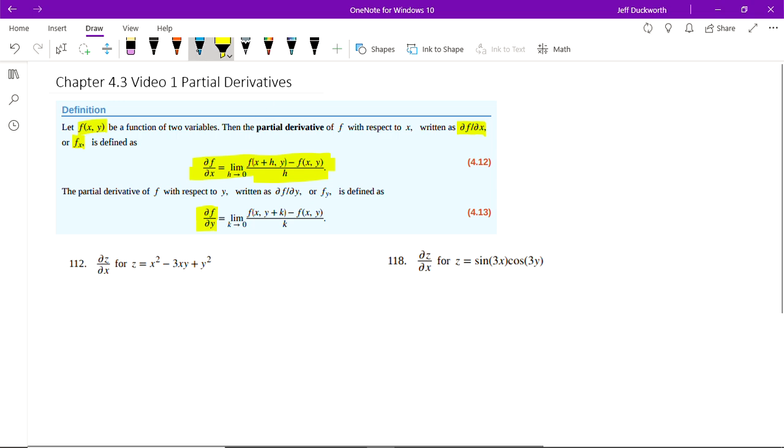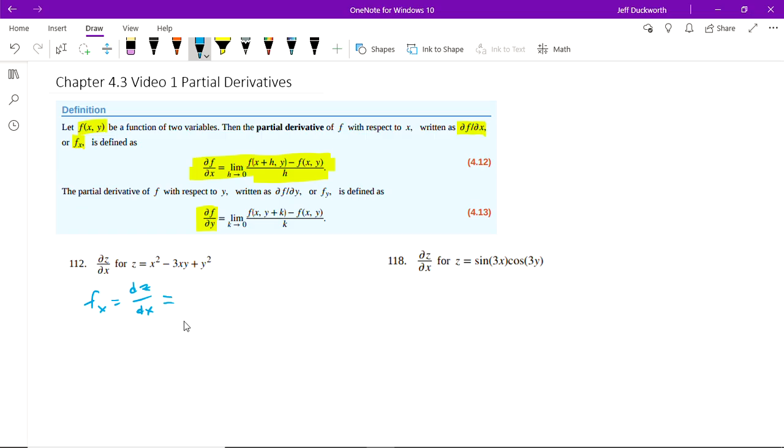So as an example, our function is the letter z instead of f. You can use f if you want instead of z, that's fine. So you could literally write f subscript x, which is equal to dz dx. I know the f looks weird, but that's proper notation. All right, so we're going to take the derivative of this with respect to x only.